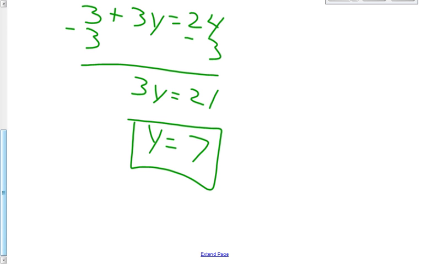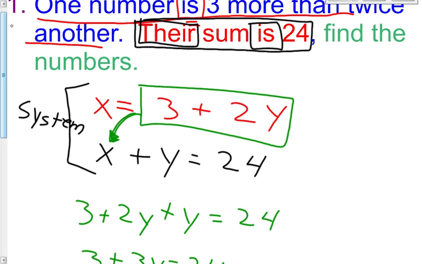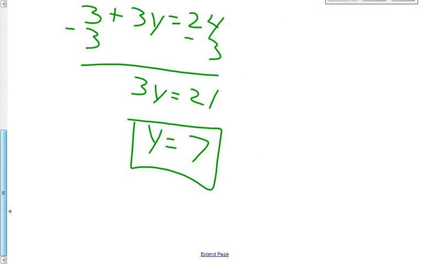Now it says find the numbers, plural. So make sure you don't just get one answer. You want both of them. We also want to solve for x. What does x equal?